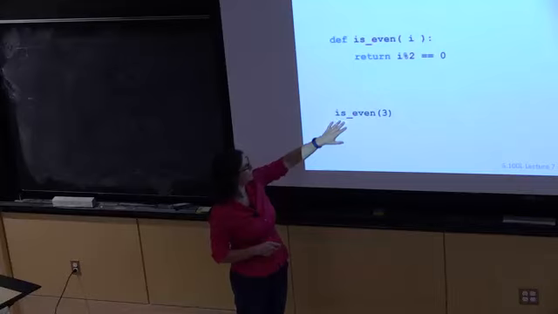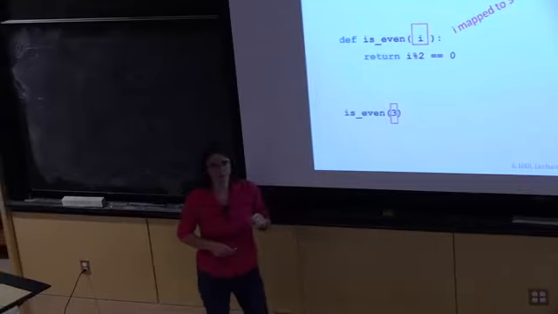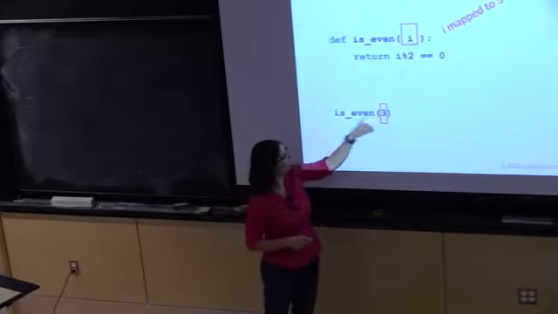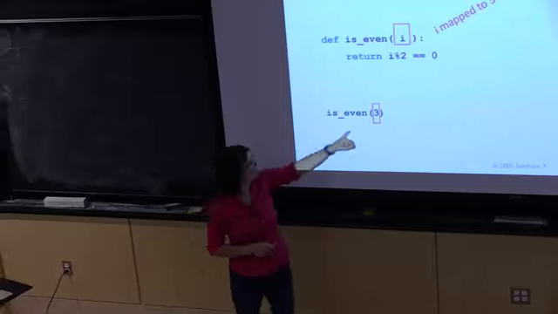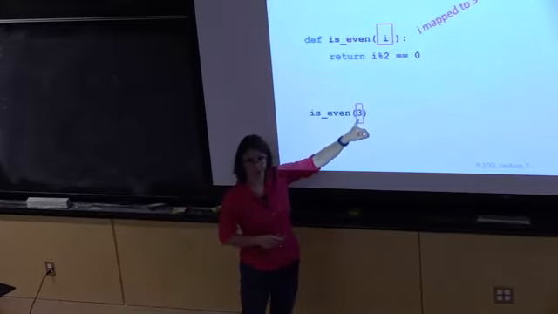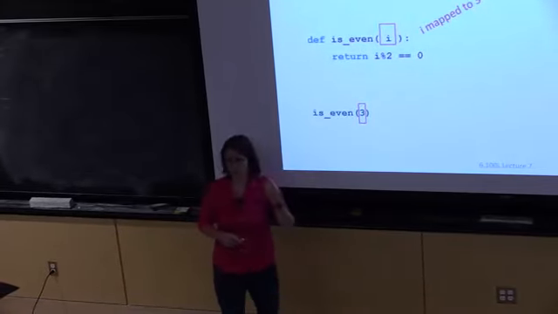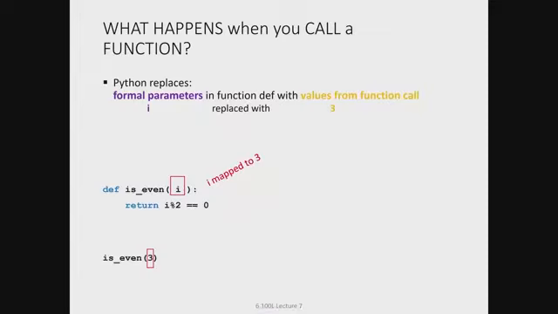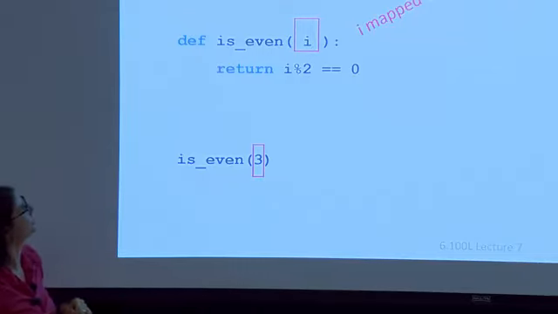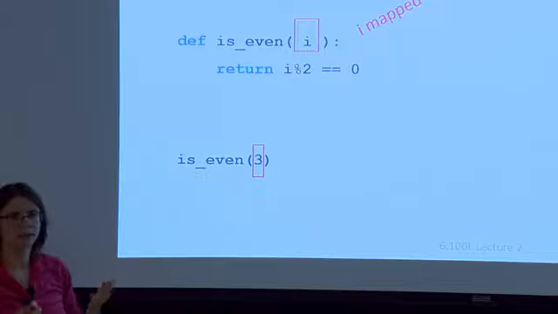So as soon as it sees the function call is_even(3), it looks at the input parameter to the function call. And here you see we have a value, right? It's an actual tangible object. It's not some random variable. It's not something abstract. It's a number 3. The i up here from our function definition is called a formal parameter. It's abstract, right?